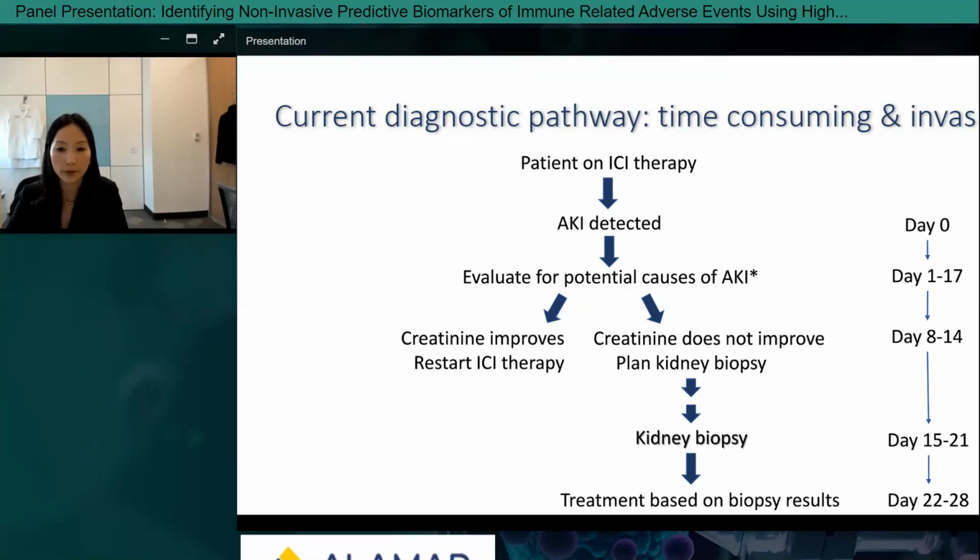And if we're able to reverse this and their kidney function or their serum creatinine improves, then we can start back on immune checkpoint inhibitor therapy. But if the kidney function doesn't improve, then now we're looking at getting a kidney biopsy, and that takes time. And it's not feasible for all patients with cancer. And then once the biopsy is back, then we can treat based off those results. But essentially what I'm showing you here is that AIN or immune nephritis is a diagnosis of exclusion.